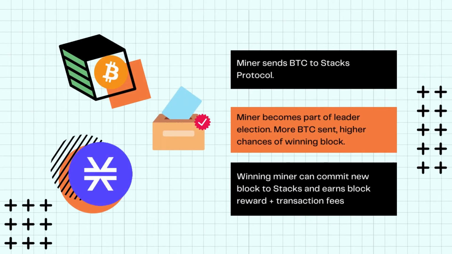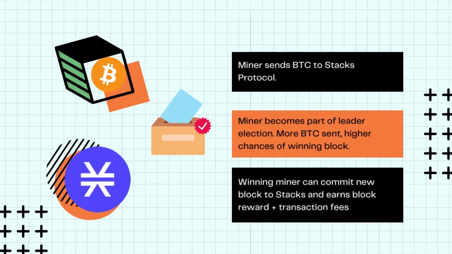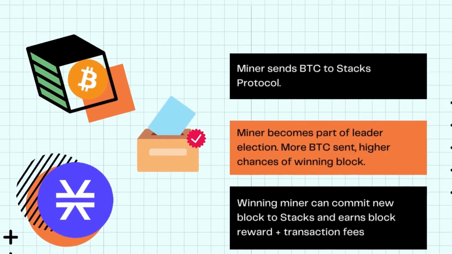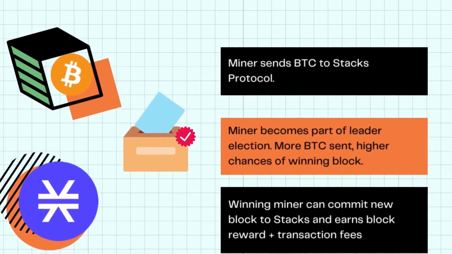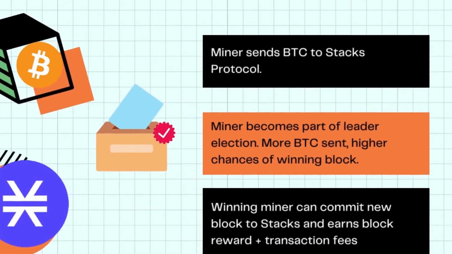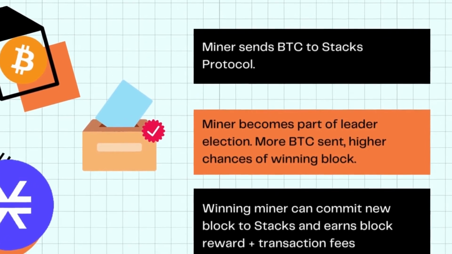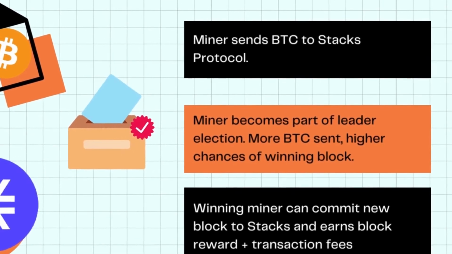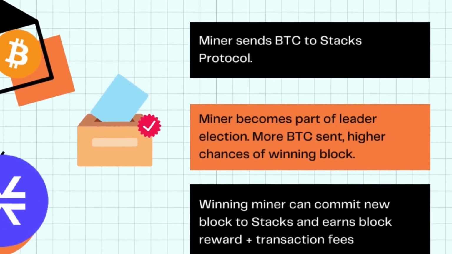Now that is out of the way, let us talk about the exact mechanism by which this proof of transfer consensus mechanism works. If you're a miner, the first thing you do is transfer some Bitcoin, or BTC, to the Stacks protocol, and this is done for a chance to win the block reward and a transaction fee for a new Stacks block. Once you, along with many other miners, send in some BTC, a leader election is done through a weighted random function.